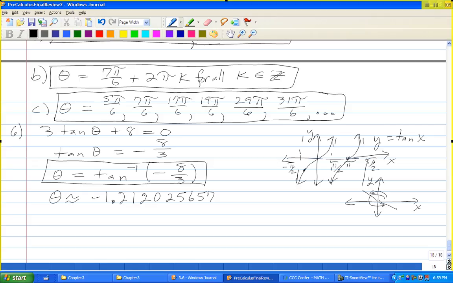So if you add another pi to that, that should also work. Oh right, because this gives it in the fourth quadrant. You can also have it in the second quadrant, so you can also have it over here just by adding pi to that.